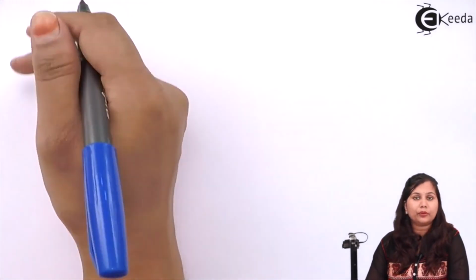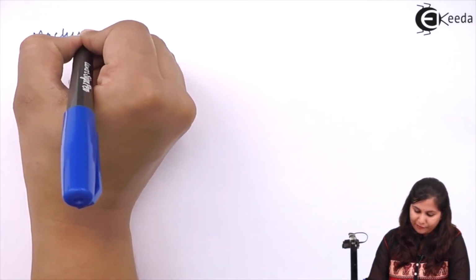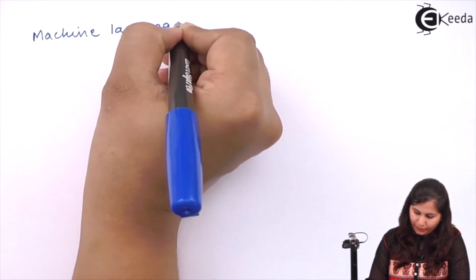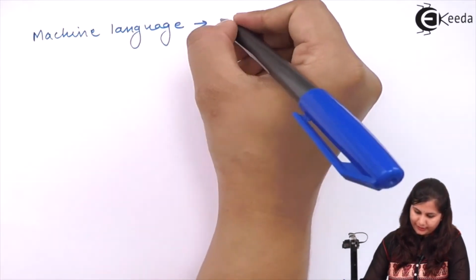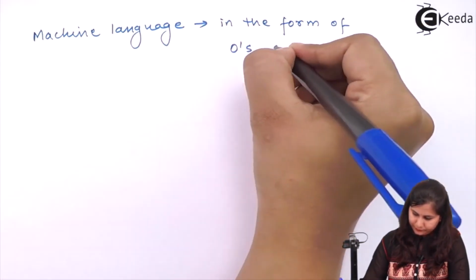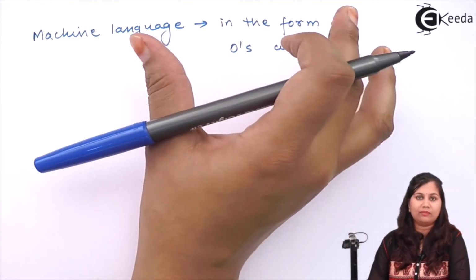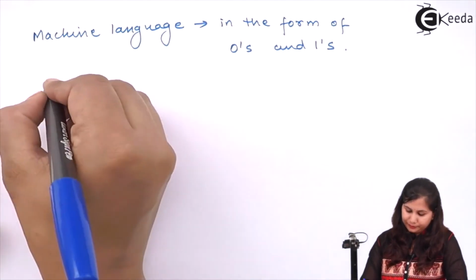Now the programming is done in various languages. First we have machine language. The machine language is in the form of zeros and ones, and this language of zeros and ones is not understandable by the user.